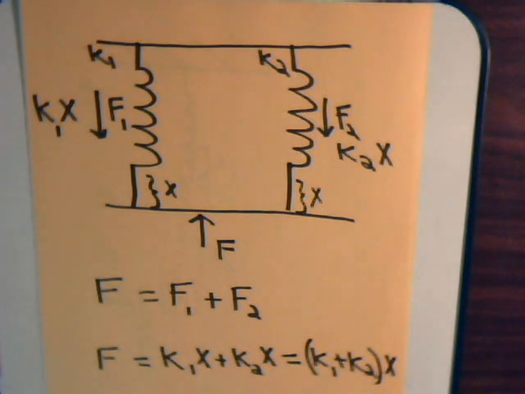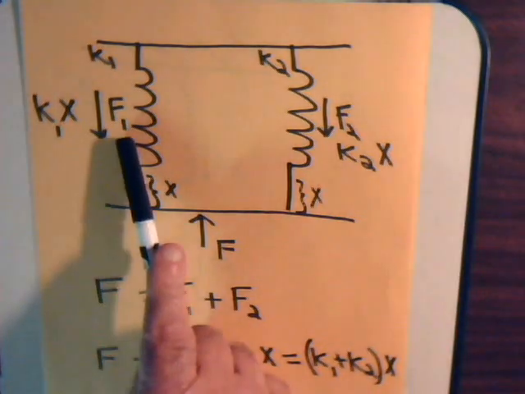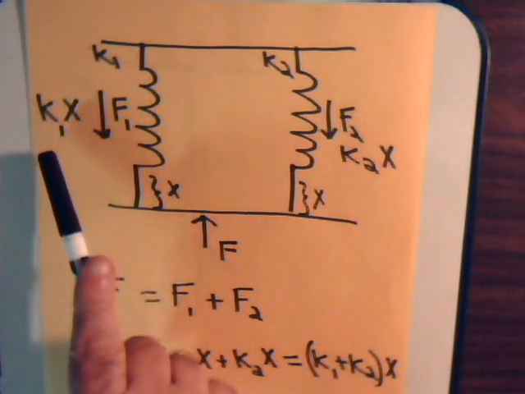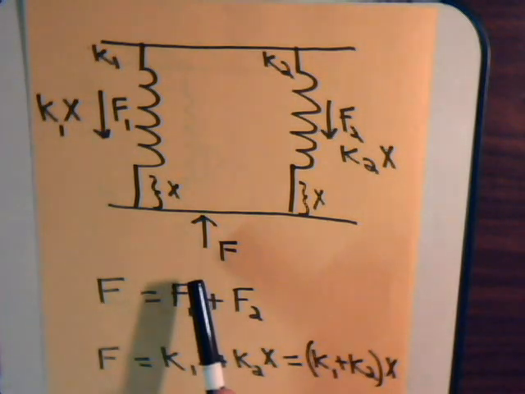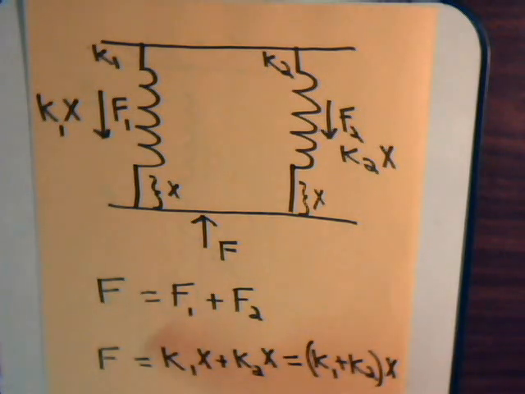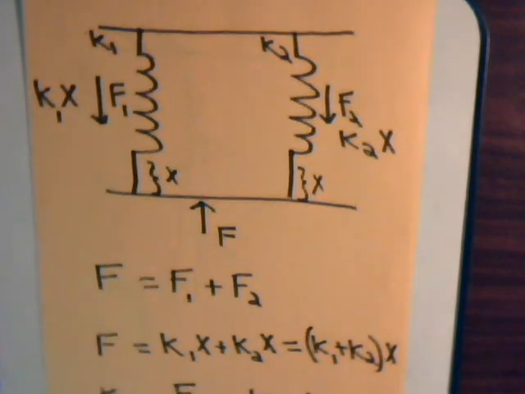But if we divide the total force of the system by the displacement of the system, well, force divided by displacement, that of course is a spring constant. The total force on the system divided by the total displacement of the system, that's just x everywhere, would then be the spring constant for the entire system, F divided by x.